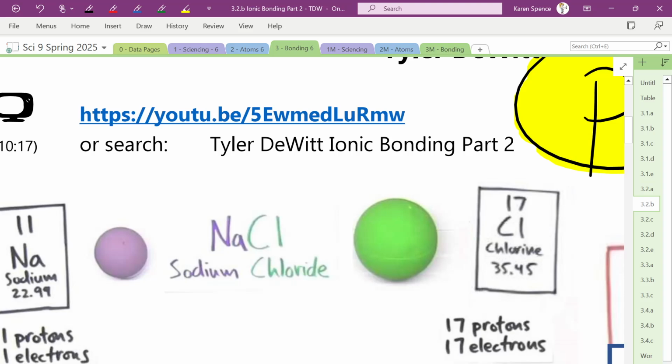Page 23. Okay, last time, if you recall, we started with a sodium atom and a chlorine atom.